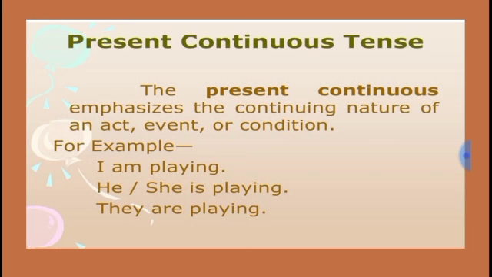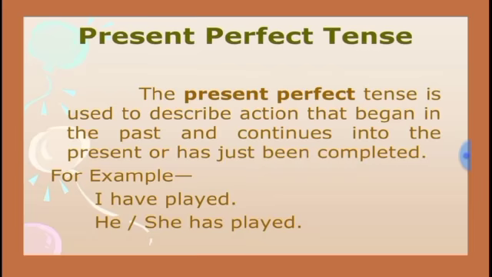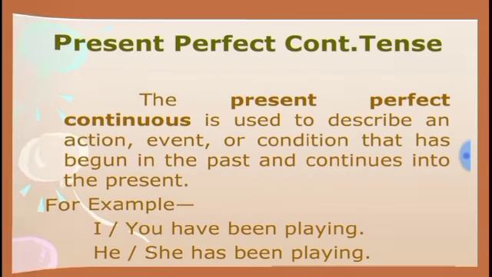So, I am playing. Then he or she is playing. Now, here I, he and she are in the singular form. The pronouns are in the singular form, whereas they are playing, they is in the plural form. So we have used are there. Okay. Now let's go to the next part.